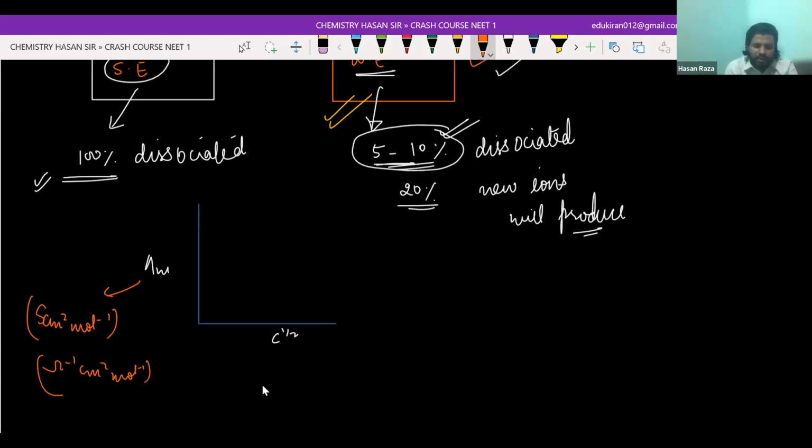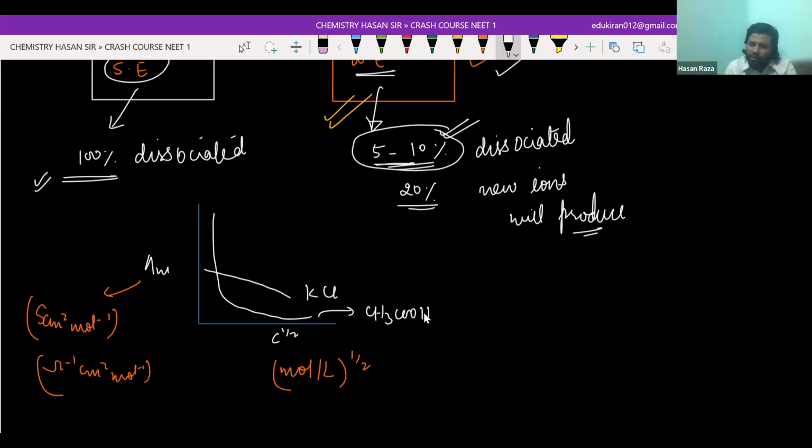And this C is basically your mole per liter raised to the power half. So here the graph for a strong electrolyte is like this. This is for KCl. And for a weak electrolyte, it is like this. This is your CH3COOH, an organic acid, which is a weak electrolyte.